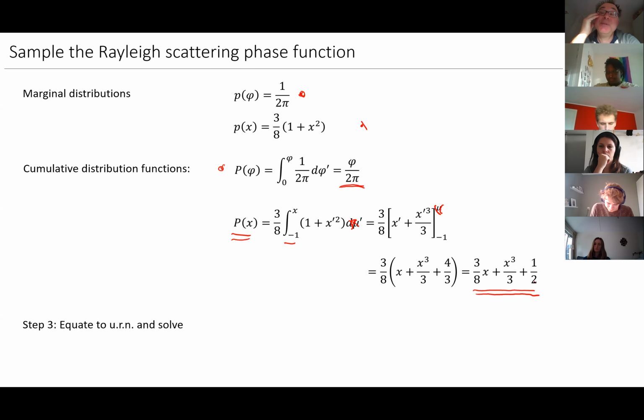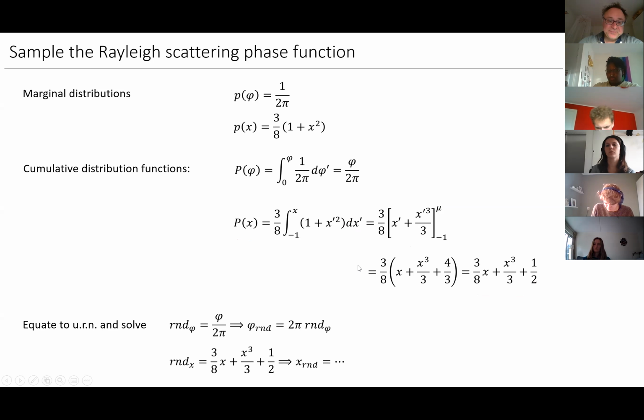It becomes a third order equation, and that is not so straightforward to solve. So what we run into here is that the procedure is clear, but for almost the simplest phase function that we can find, it already becomes complicated to do the sampling.